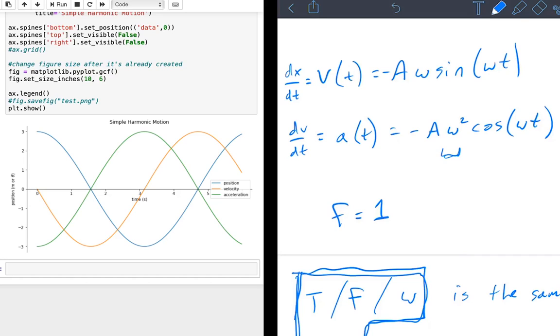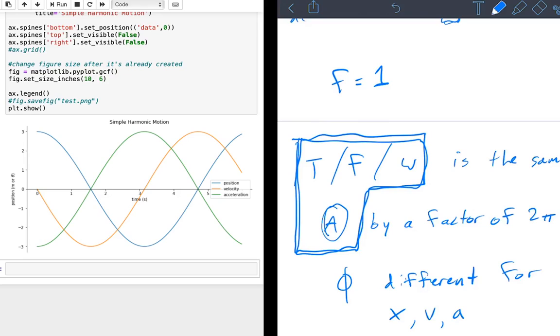So I will show you, and we just talked about spring and mass, but I should be able to show you where it starts. Maybe it starts compressed. If it started compressed, then the starting position would be down here. If I show you a spring and mass system, you need to be able to plot all three of these variables. You need to be able to calculate all of these variables. And same goes for a pendulum. For a pendulum, we say this is 0, so theta is 0 here.